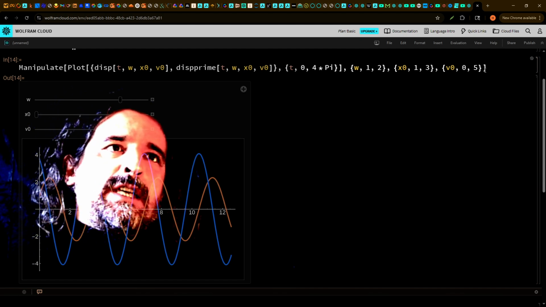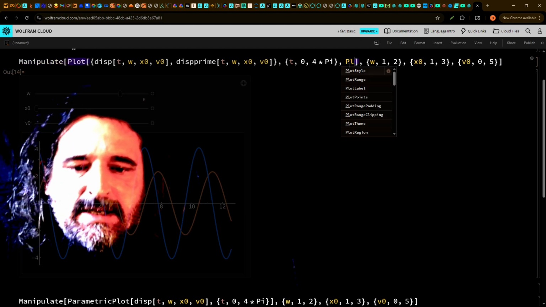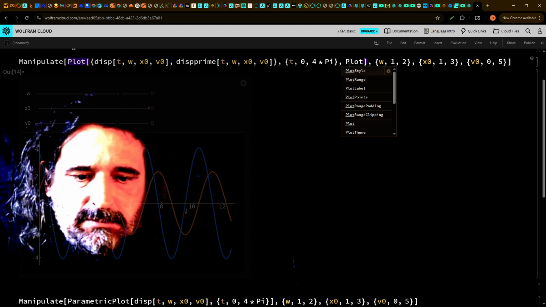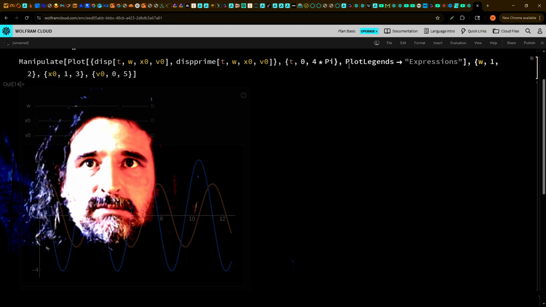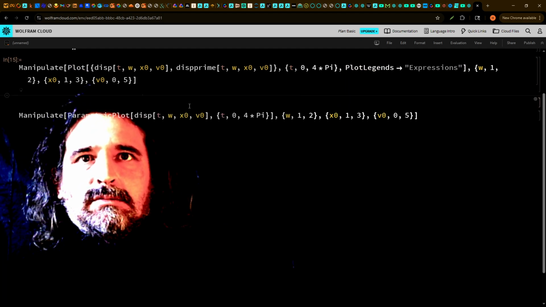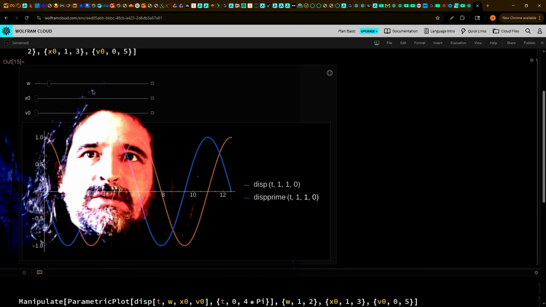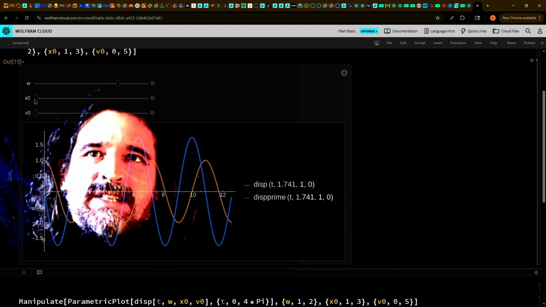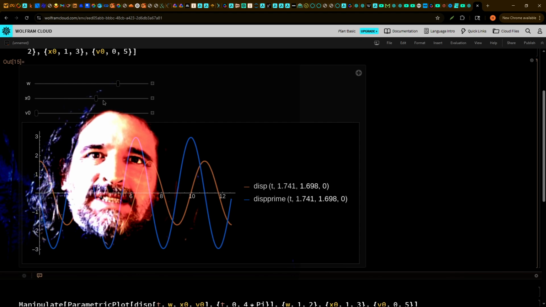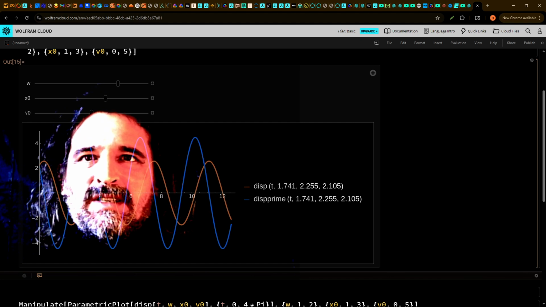Maybe I should put plot legends here. Plot legends, expressions. And you can see there the expressions. They are changing the frequencies, and of course this changes the slope.